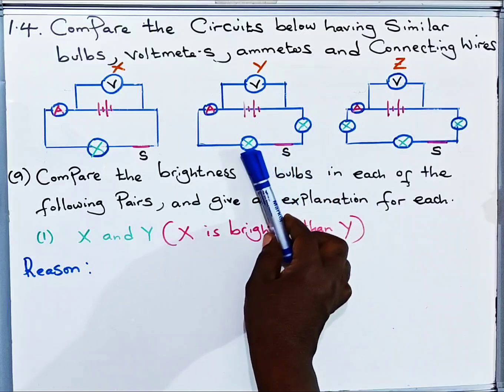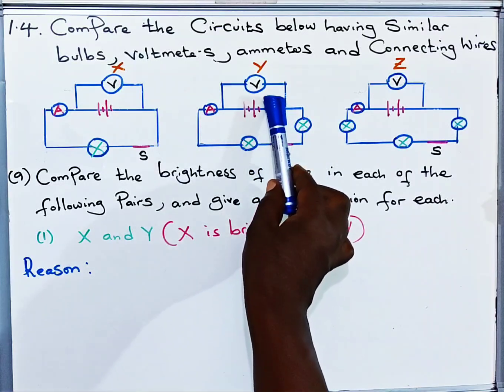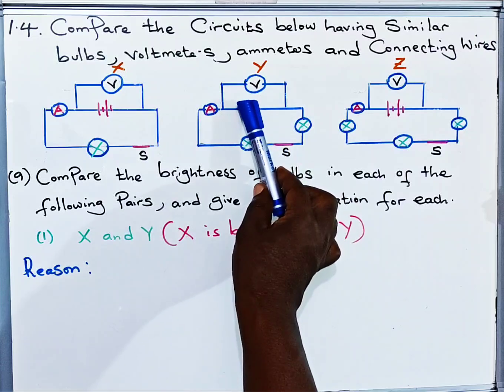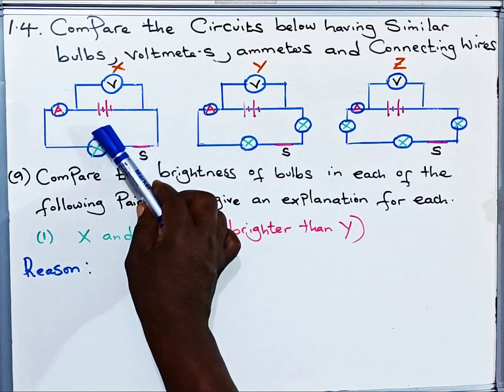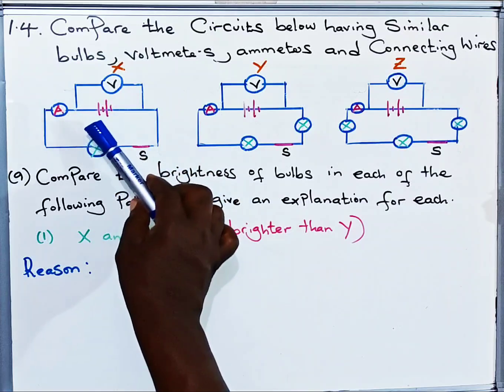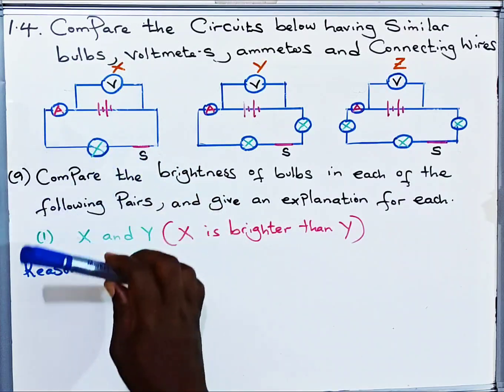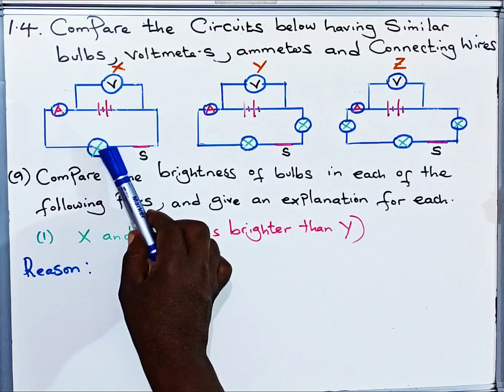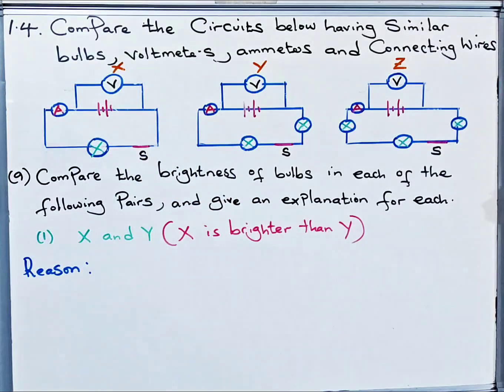Now, the one which has two bulbs shares the potential difference of the two cells, while the one which has one bulb has the entire potential difference available to it. So as a result, X is going to be brighter than Y.